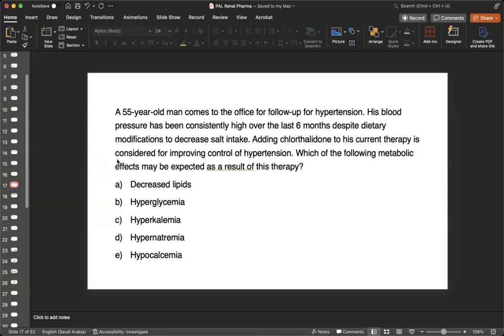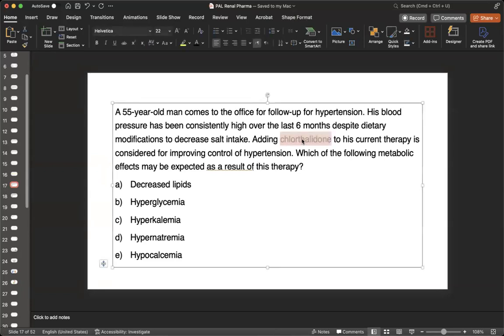Okay, this is the next question. Adding chlorothalidone, which of the following metabolic effects may be expected as a result of adding chlorothalidone? What is chlorothalidone? Chlorothalidone is a thiazide diuretic. What did we say thiazide diuretics' side effects are? Hyperglycemia, hyperlipidemia, hyperuricemia, and hypercalcemia. Hyperglyc, chlorothalidone hyperglyc.